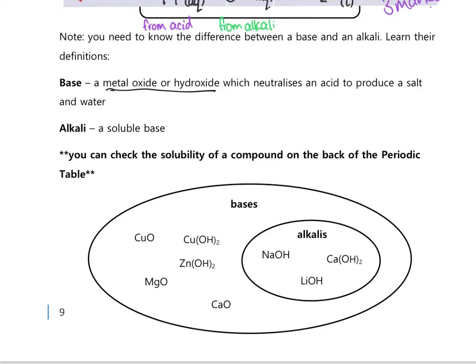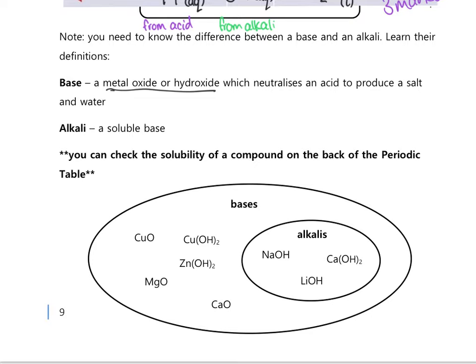And an alkali is a soluble base. So we could replace our definition of an alkali with a metal oxide or hydroxide, which neutralizes an acid to produce a salt and water that is soluble in water. So our alkalis must be soluble.